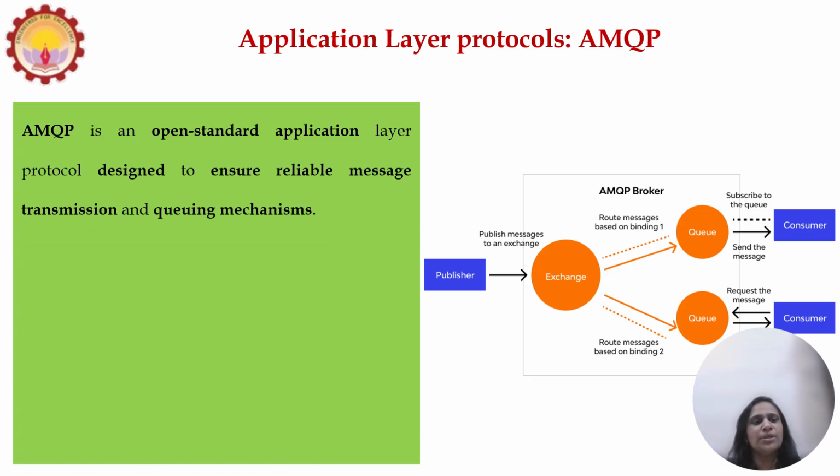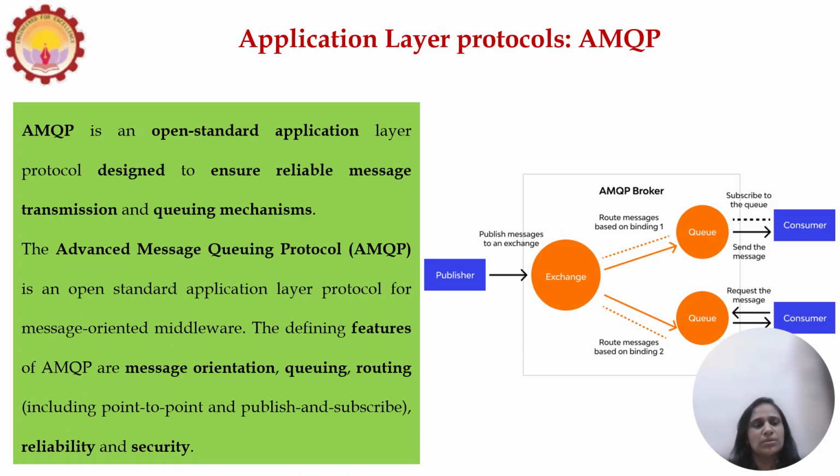AMQP is an open standard application layer protocol designed to ensure reliable message transmission and queuing mechanism. The Advanced Message Queuing Protocol, AMQP, is an open standard application layer protocol for message-oriented middleware.